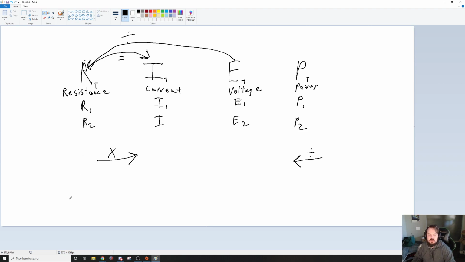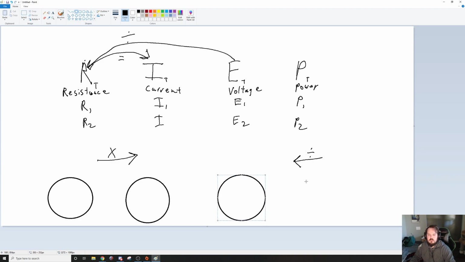The actual Ohm's law formulas are in the form of circles. So let's grab some lines.